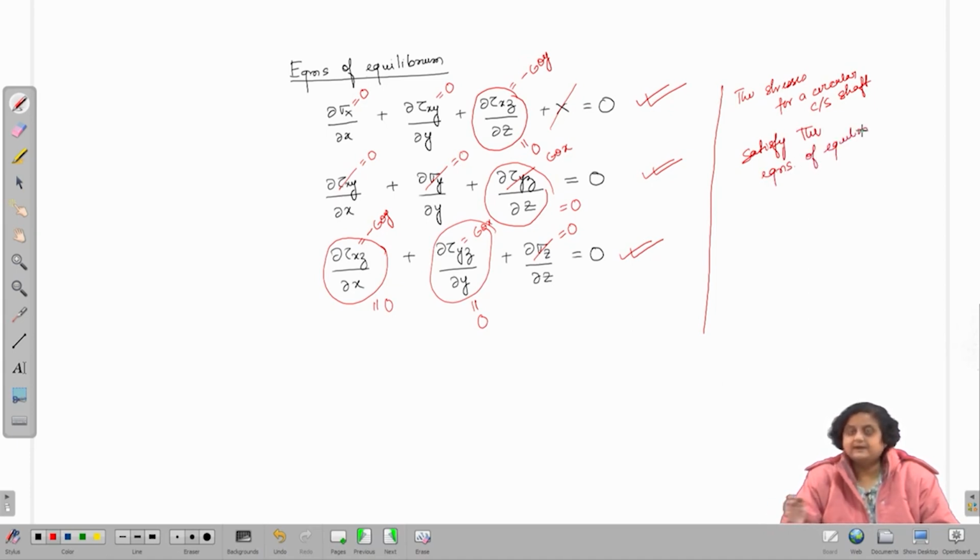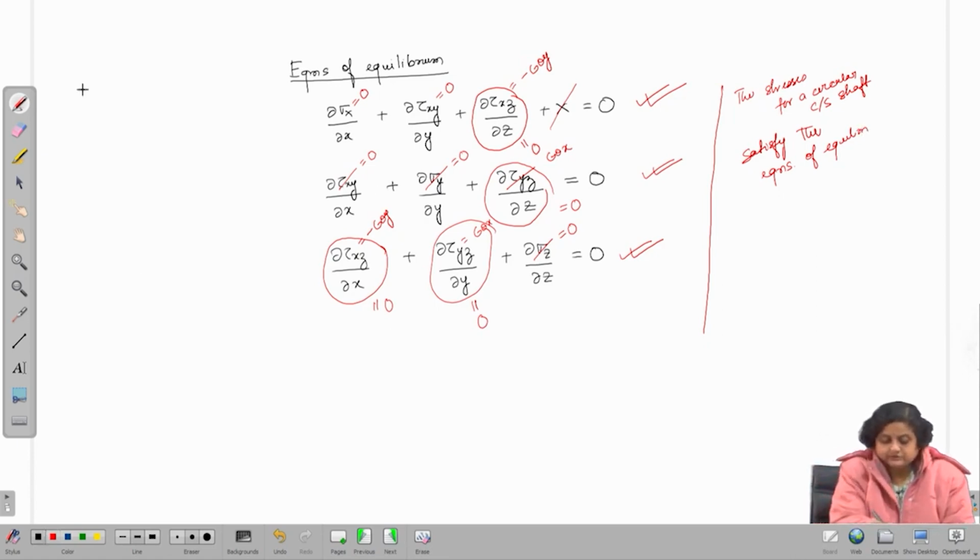So, the first criteria is met. The stresses that we had assumed for the circular cross section shaft are satisfying the equilibrium condition. Now, let us see whether they are satisfying the boundary conditions. So, let us see the boundary conditions.